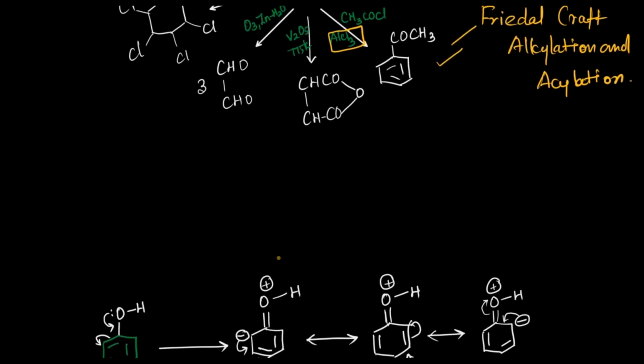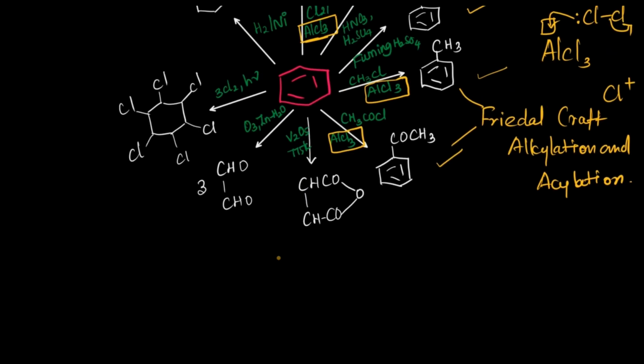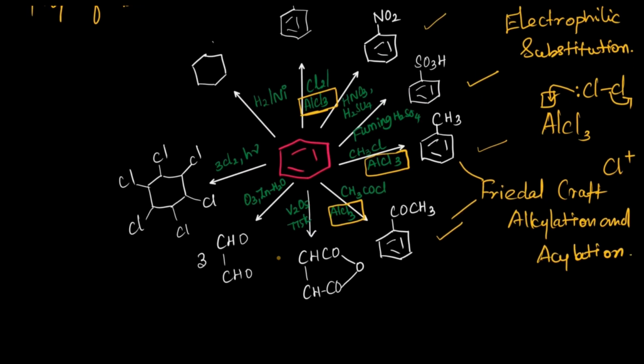It can undergo reduction using Raney nickel. That is a most important reaction. Usually benzene will not undergo reduction unless the reaction conditions are very strong. In this case, we use Raney nickel with hydrogen to form cyclohexane from benzene. So all of these reactions of benzene are super important.